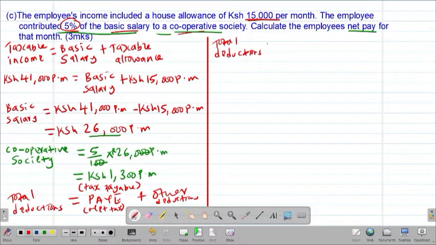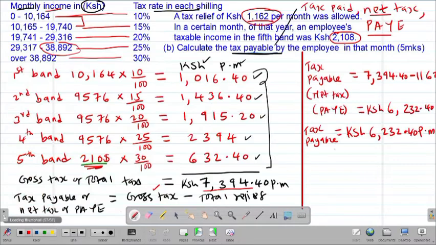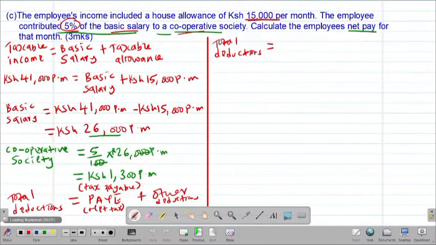Remember we already have our PAYE, we've already gotten it here. It was 6,232 and 40 cents. Then plus other deductions. Of course, the other deduction that we are given is the cooperative society deduction, which was being contributed.